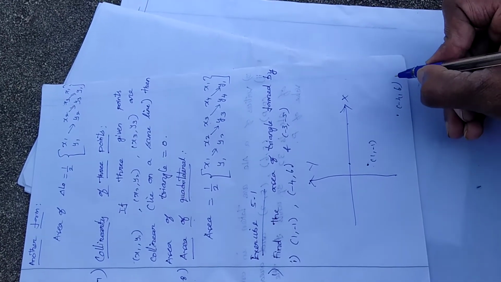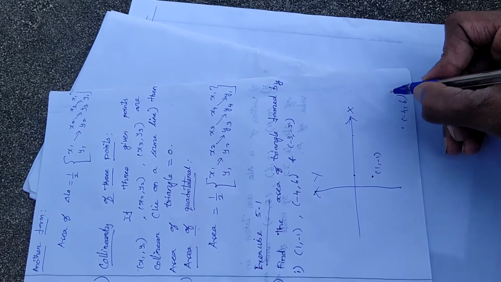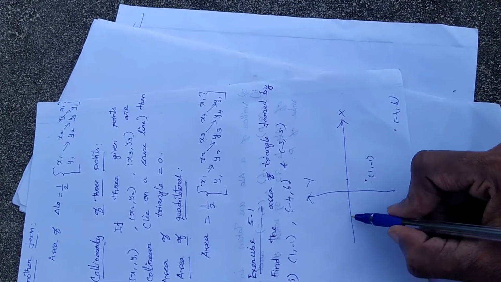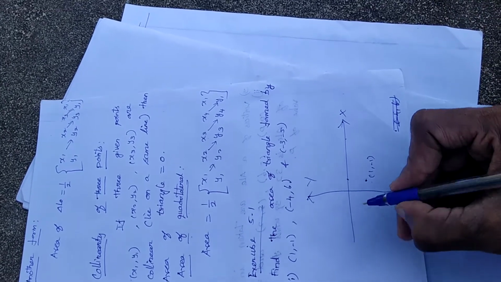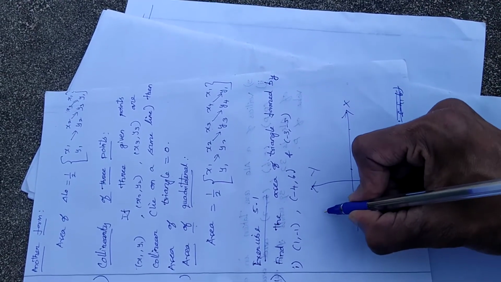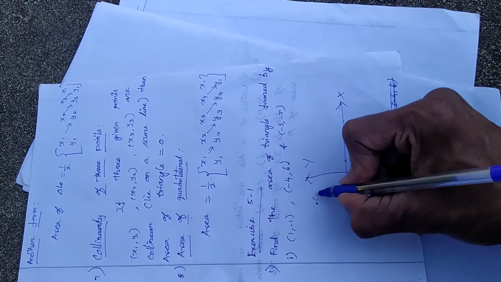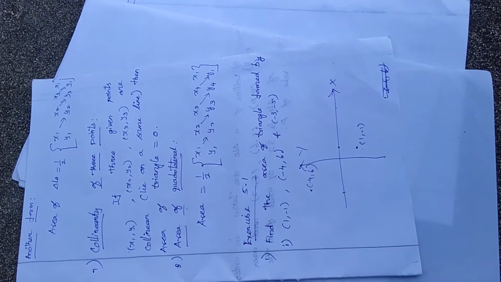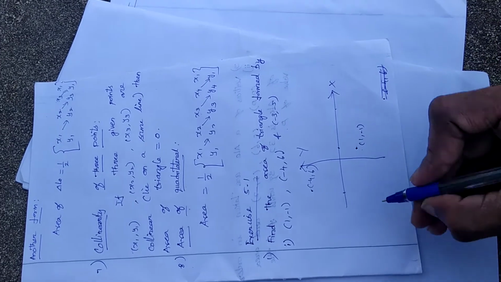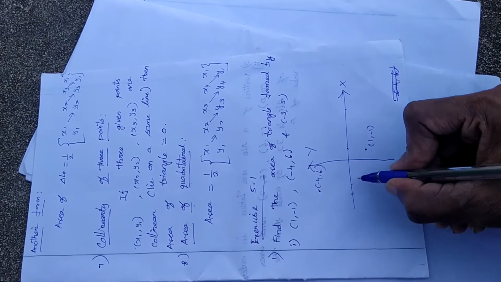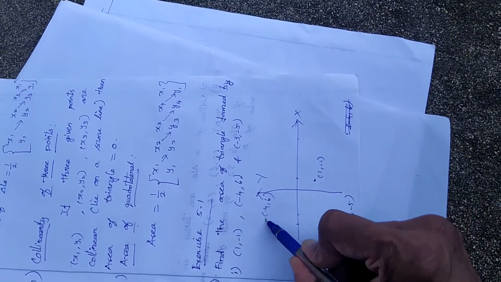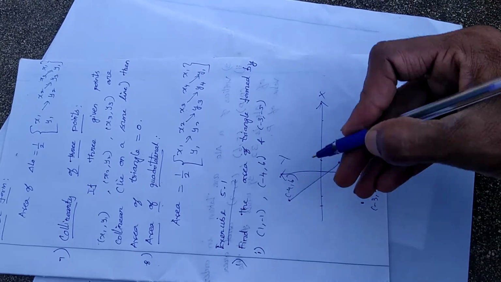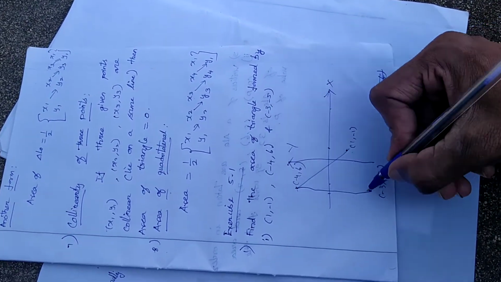Third one is (-3, -5), approximately here. We have plotted the 3 points. Next, join all the 3 points. We'll have a triangle.